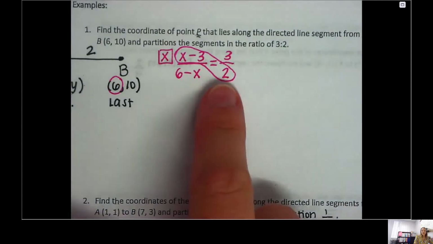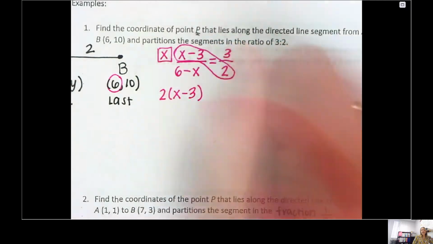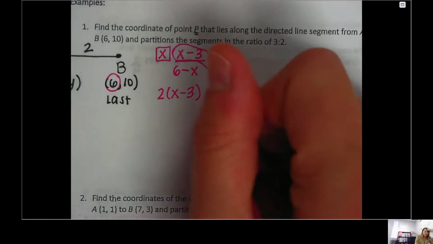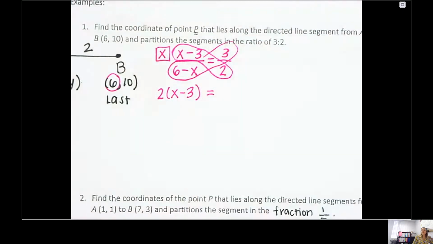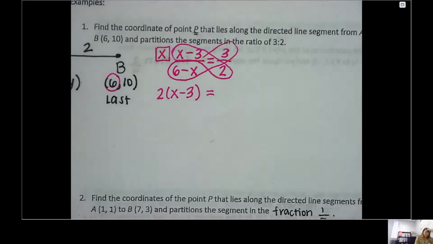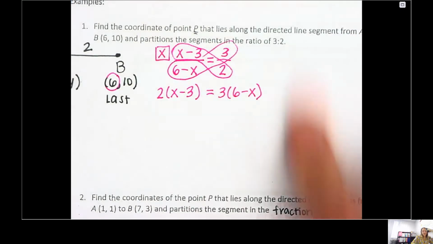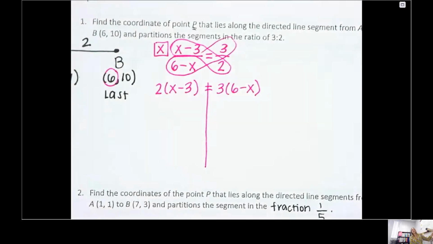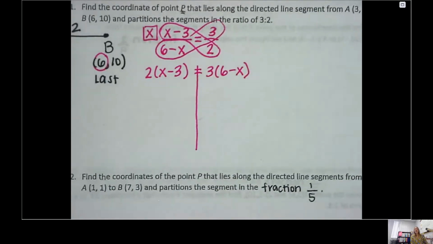I'm going to multiply 2 times (x minus 3), and I'm going to put parentheses around it, because I have to multiply 2 times that whole expression, equals, and I'm going to do the same thing on the right: 3 times (6 minus x). I'm leaving myself some space because I know I have to do the y values as well. Okay, guess what this is, friends? It's algebra! Yay! I told you guys this class was just algebra.